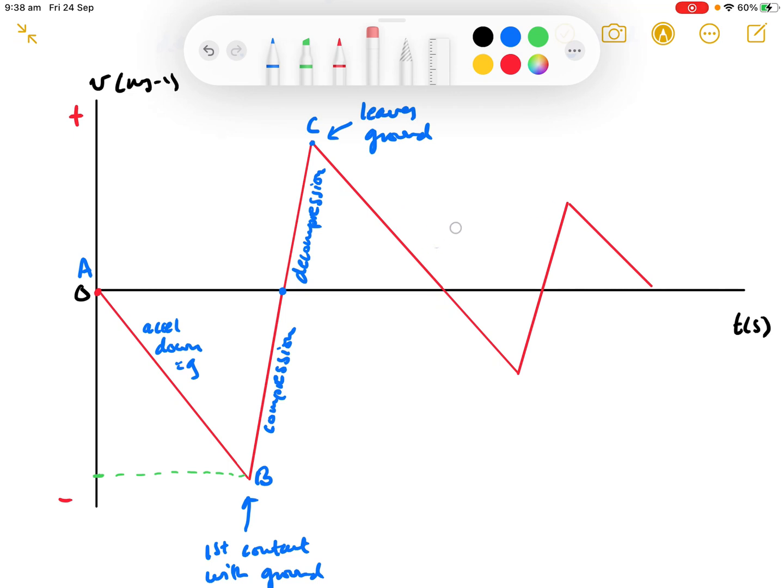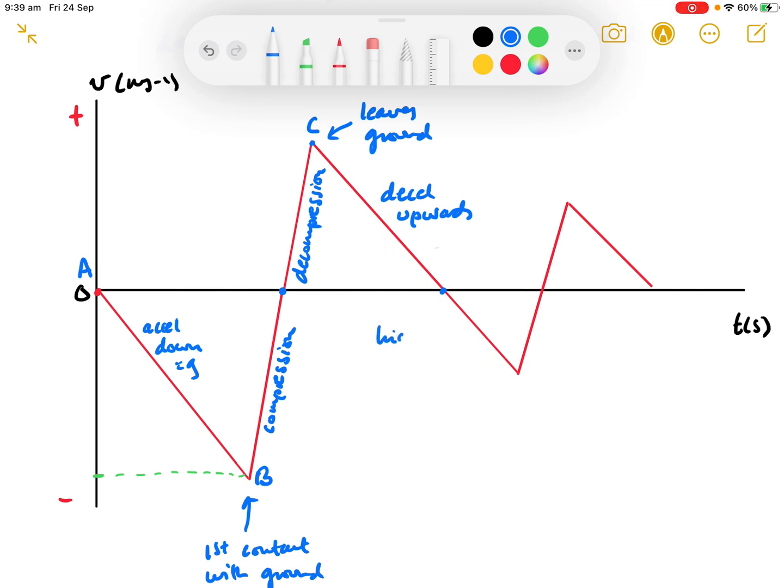This is the deceleration upwards bit, because it's just left the ground. Deceleration upwards. You can tell it's upwards because the velocity is positive at all times, but it's a decreasing velocity. Okay, so it decelerates upwards, and then it reaches the highest point again.